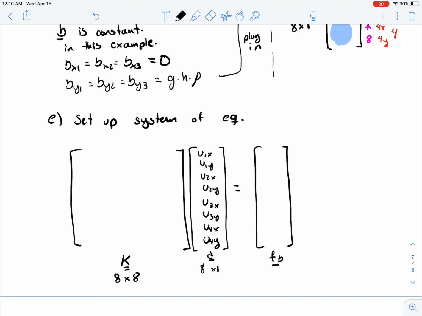And that equals an 8 by 1 vector, let me call this D. This is going to be the force vector, so this one is going to be an 8 by 1 force vector.